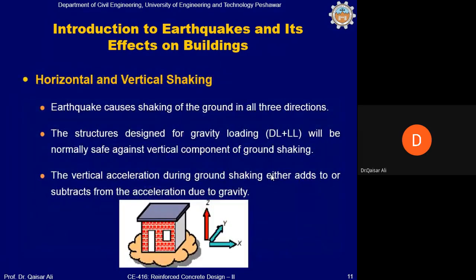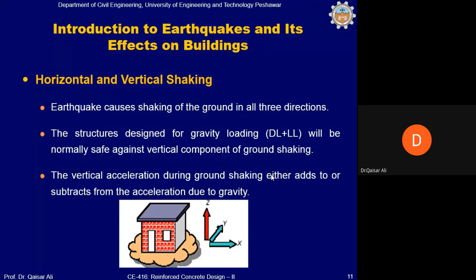Horizontal and vertical shaking during an earthquake. We know that an earthquake causes shaking of the ground in all three directions, and since the waves come from the focal point or the focus deep down in the earth crust, they will move in all directions, but all the vectors can be resolved into three components.